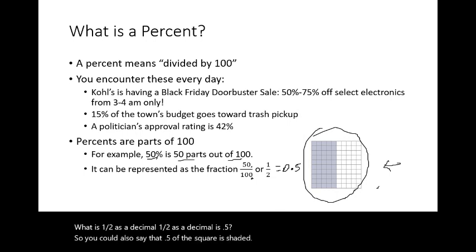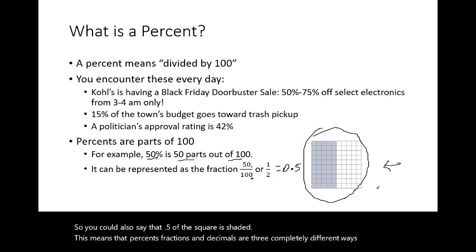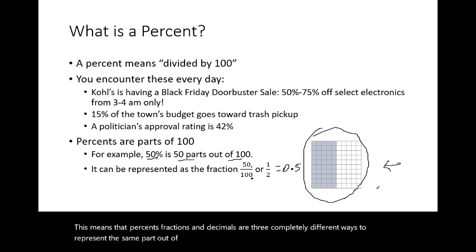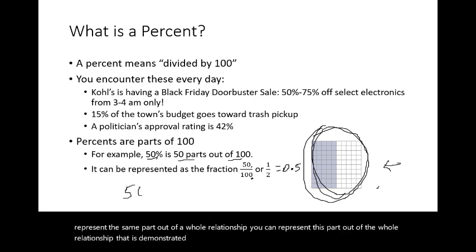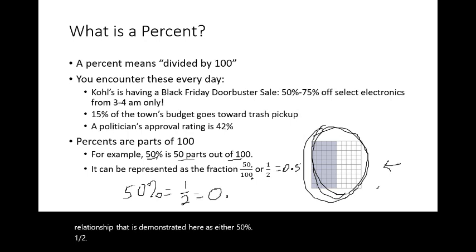So this means that percents, fractions, and decimals are three completely different ways to represent the same part out of a whole relationship. You can represent this part out of the whole relationship that is demonstrated here as either 50%, 1/2, or 0.5. All of these mean the exact same thing.